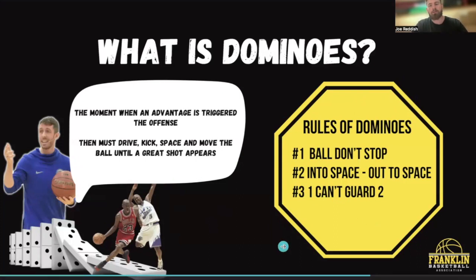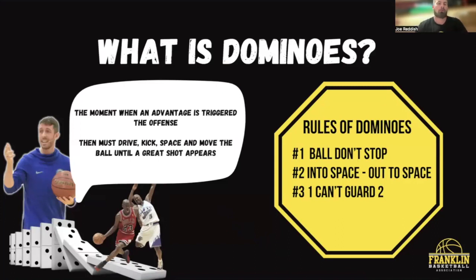Now, second rule, whenever we drive, whenever we move into space, so in terms of getting to the basket, whenever I drive to the basket, if I pass the ball, I need to go from in space to out to space. We can't have everyone cutting to the basket.